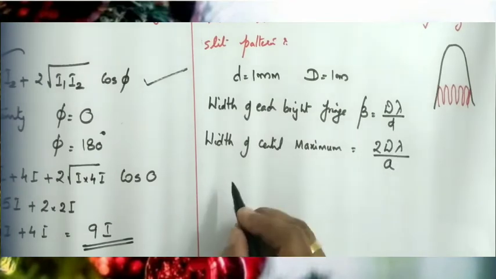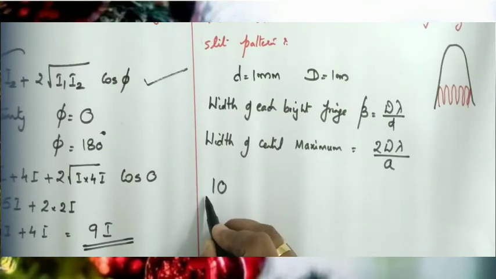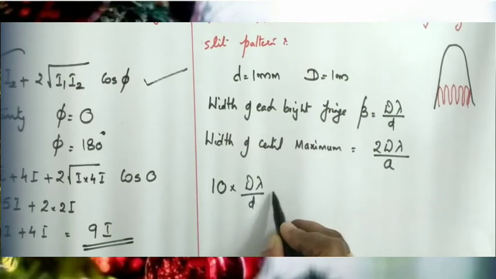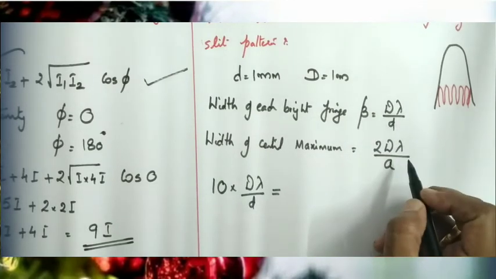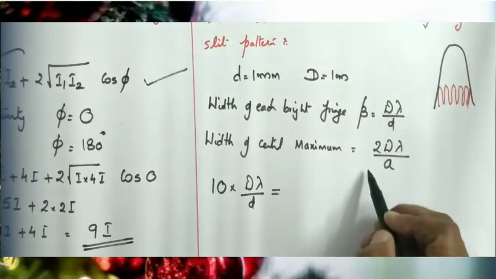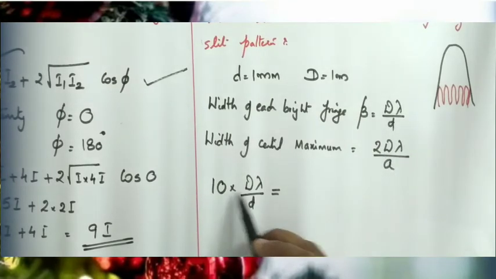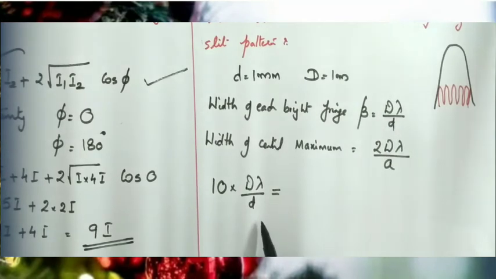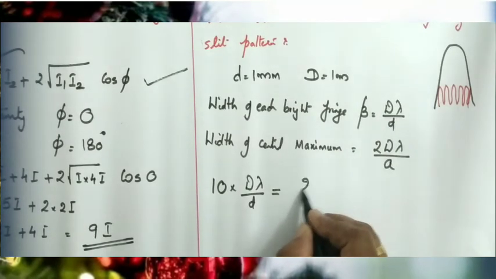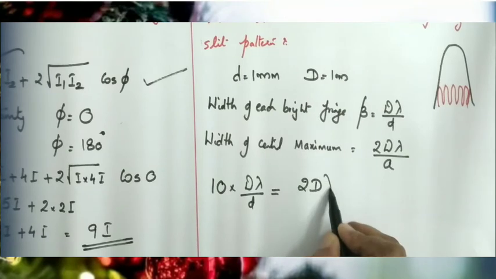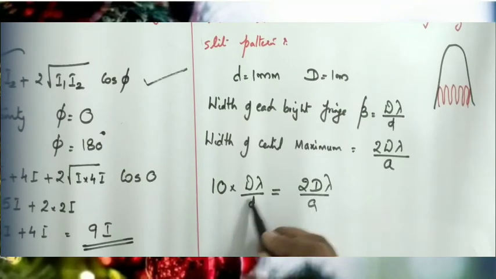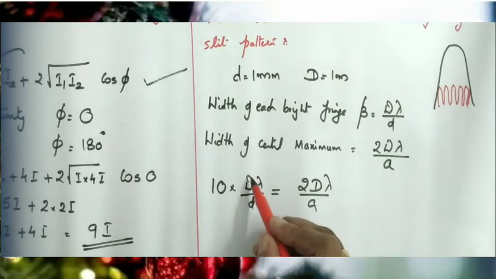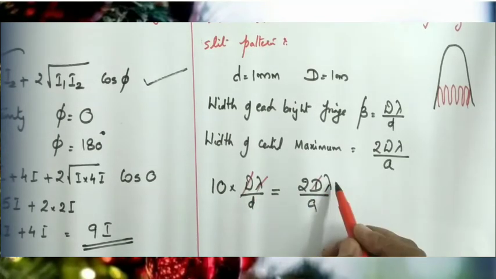So in the question, 10 bright fringes means 10 into the width of the bright fringe, lambda D by d, is included in the central maximum, which is 2 D lambda by A. Lambda gets cancelled, D also gets cancelled.